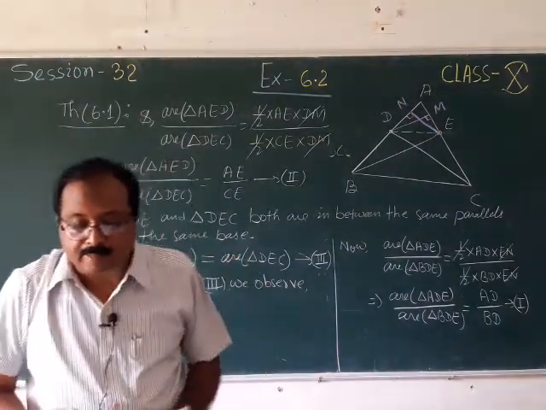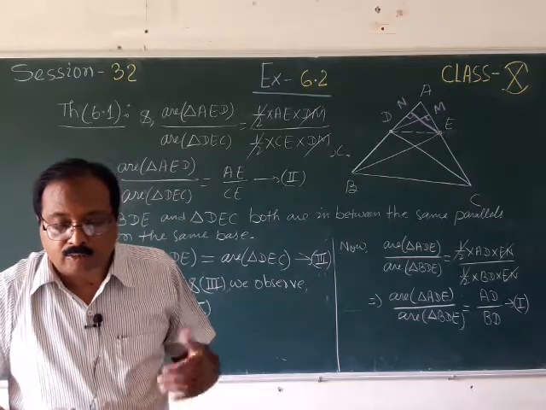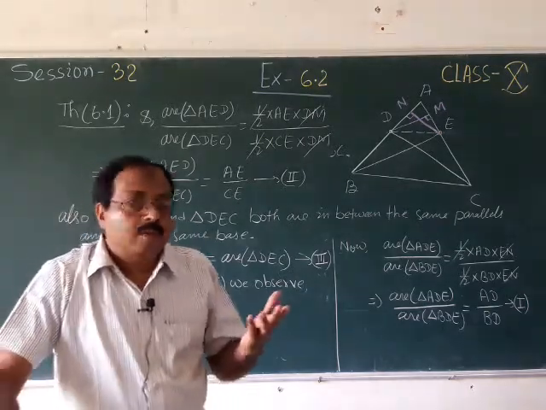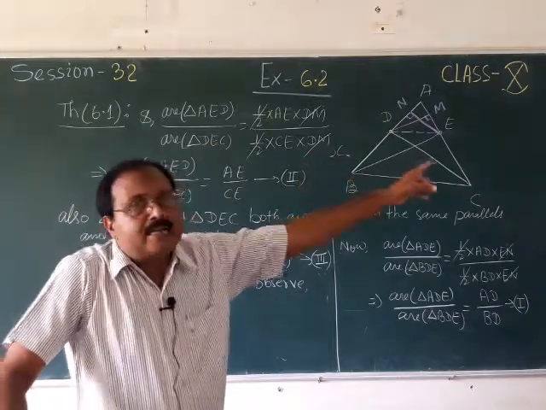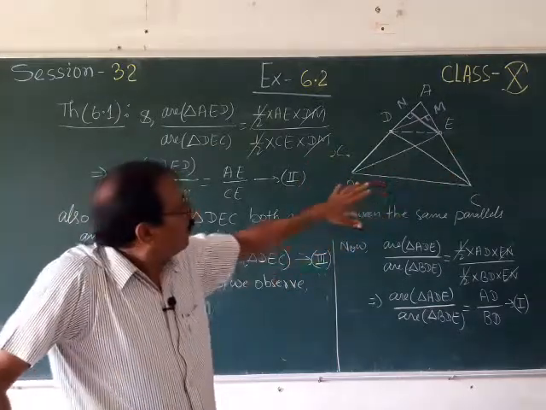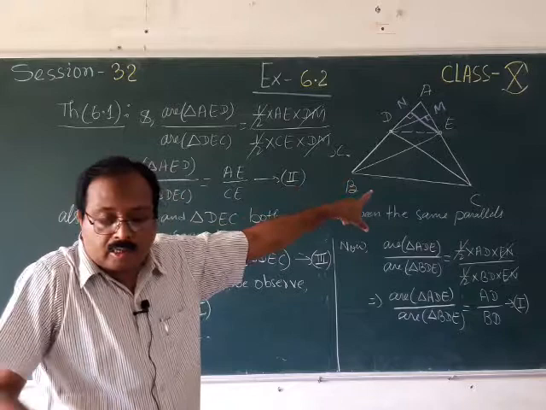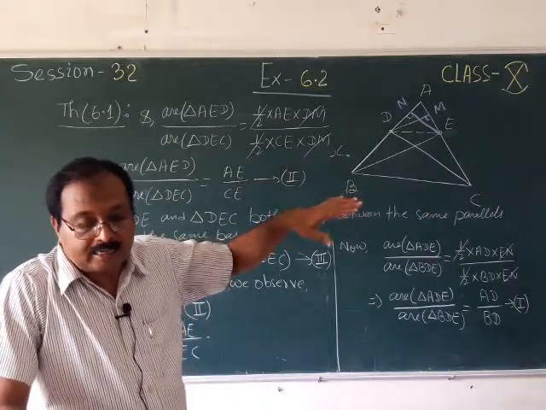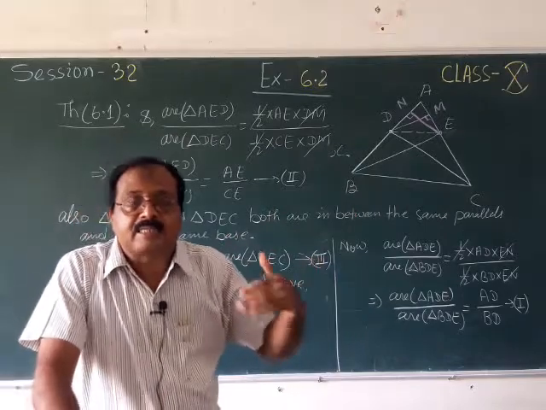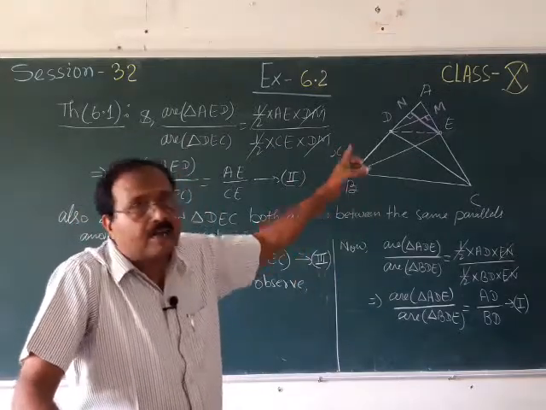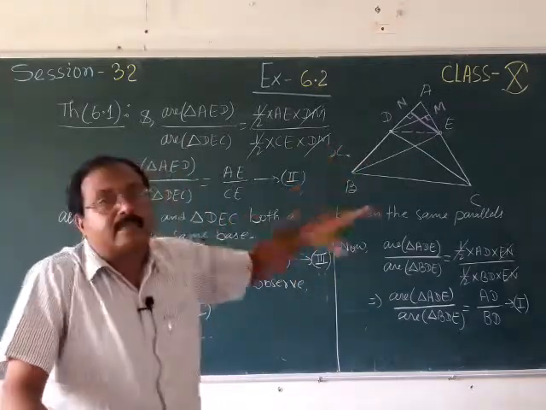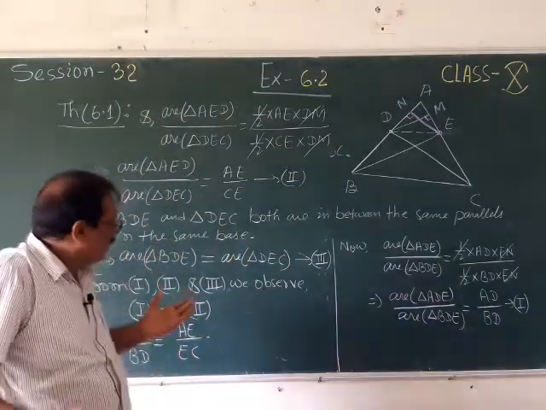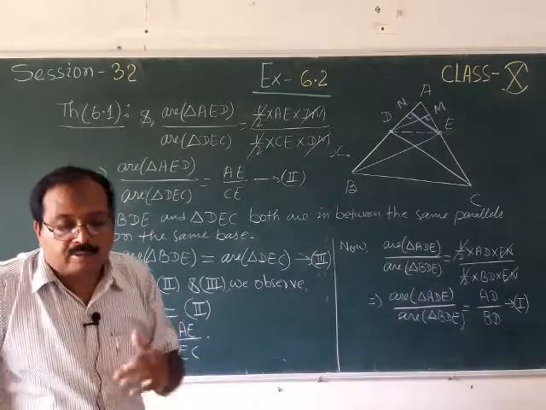That means if a line is drawn parallel to one side of a triangle to intersect the other two sides, then this line divides the other two sides in the same ratio. This result will be used to solve many questions.